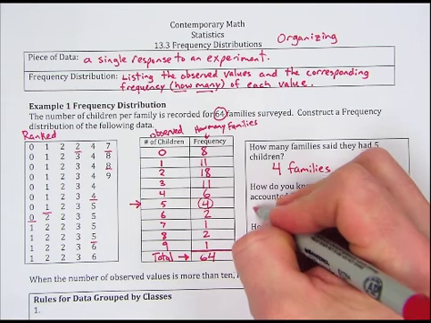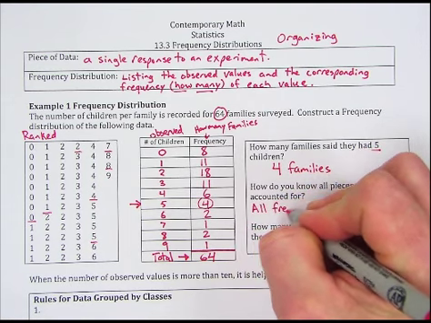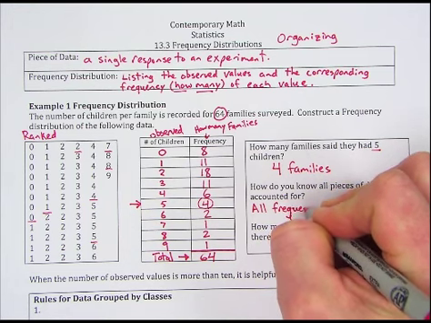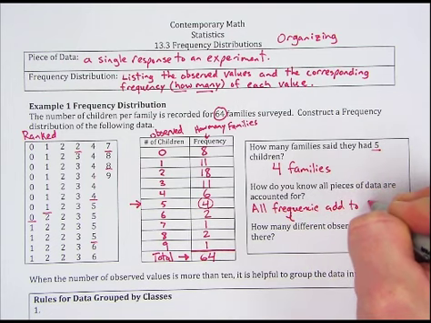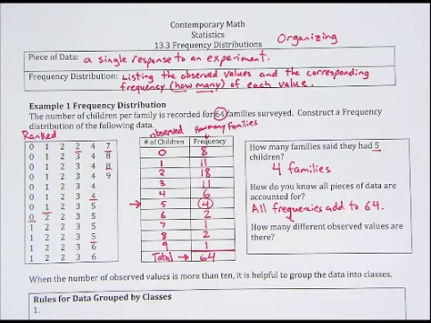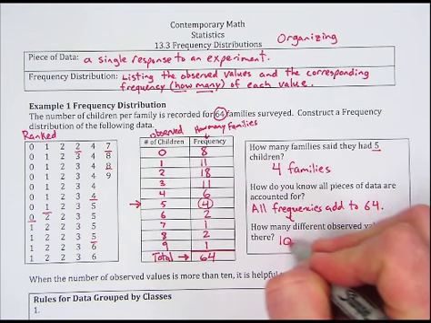Well, all the frequencies add up to be 64. Now this question, how many different observed values are there? So looking at this, we actually had 10 different answers.